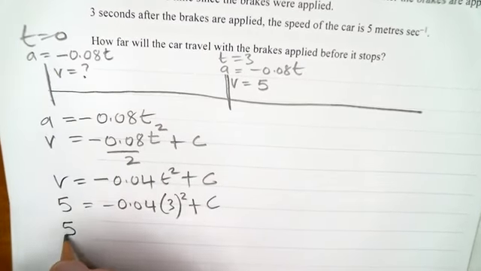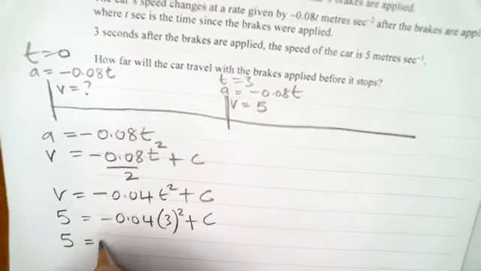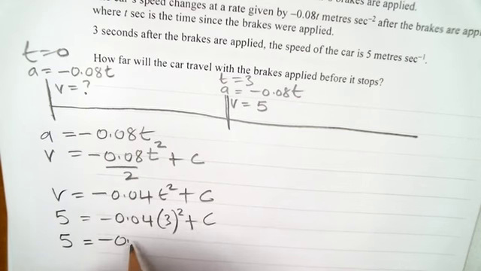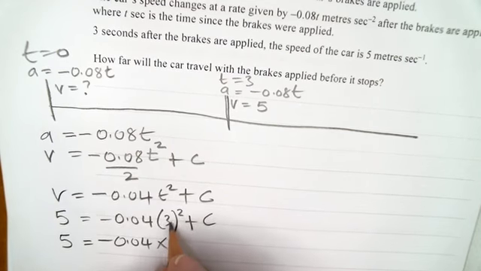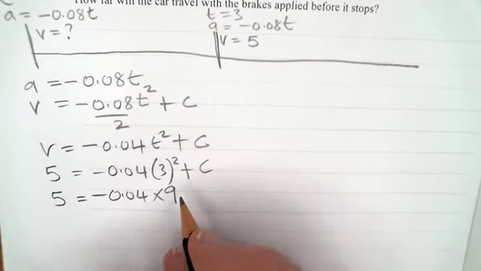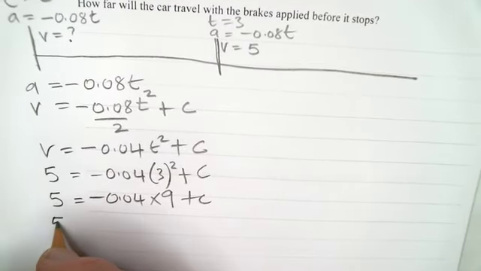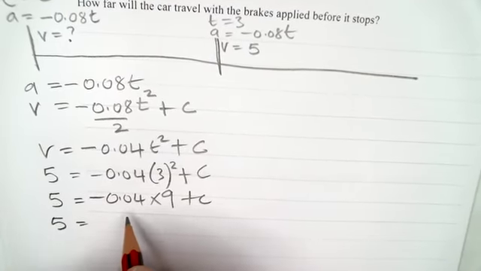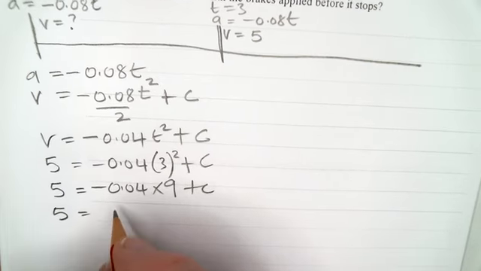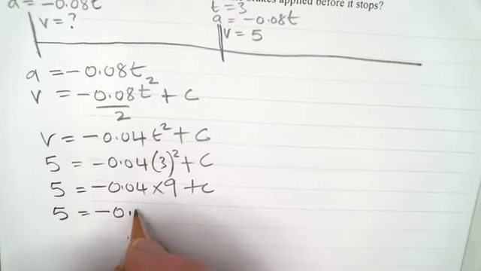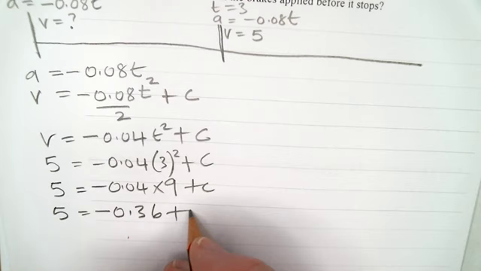So we've got 5 is equal to negative 0.04 times, 3 squared is 9. 9 fours are 36. So 5 is equal to negative 0.36 plus c.